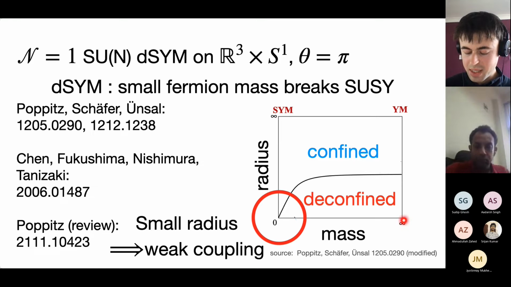But when we take the fermion mass to be infinite, then it decouples and we recover pure Yang-Mills. It's conjectured that this transition is continuously connected in these parameters. So we'll probably learn about pure Yang-Mills by investigating this area.